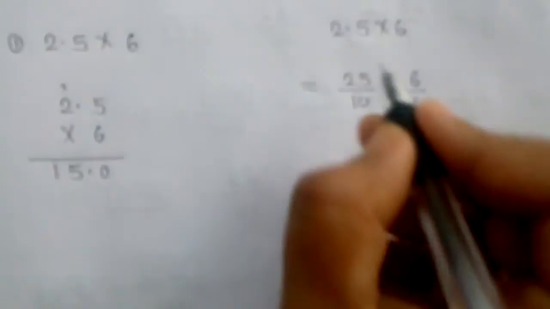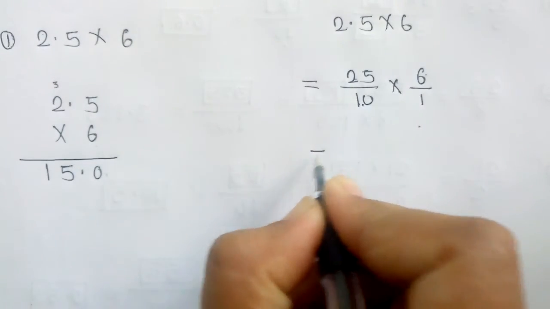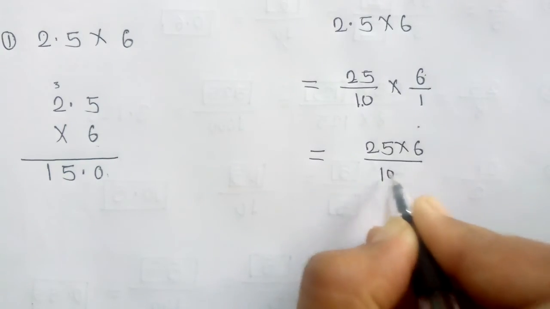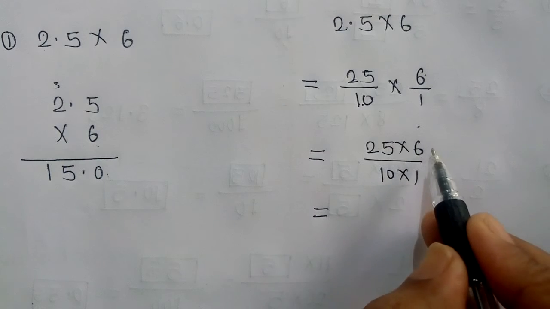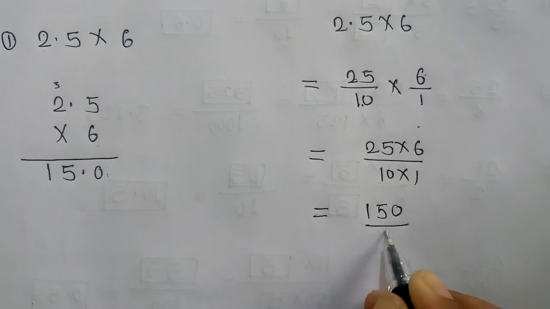Now we can multiply numerator by numerator and denominator by denominator. See here what to do? 25 into 6 upon 10 into 1. So 25 6s are 150 upon 10 ones are 10.